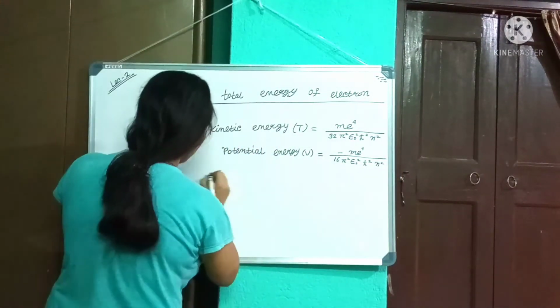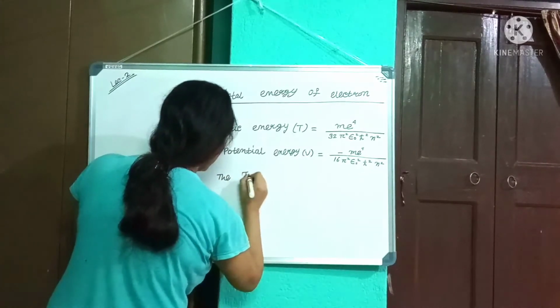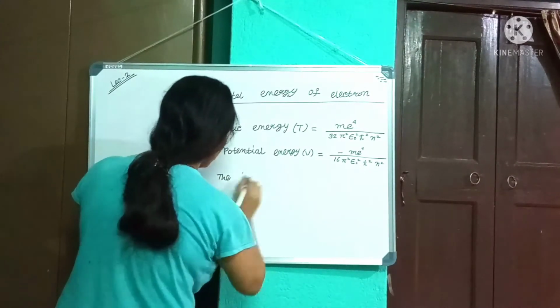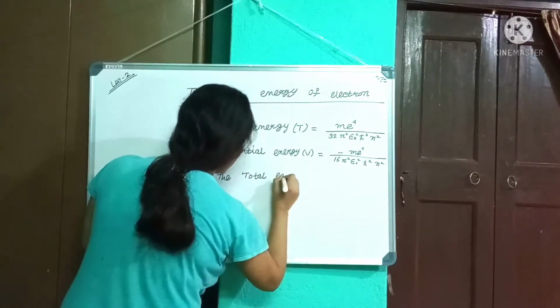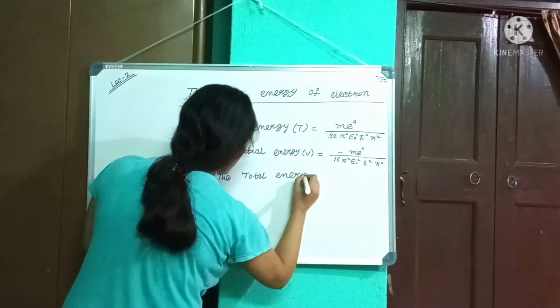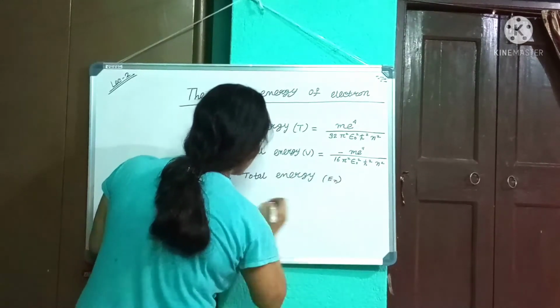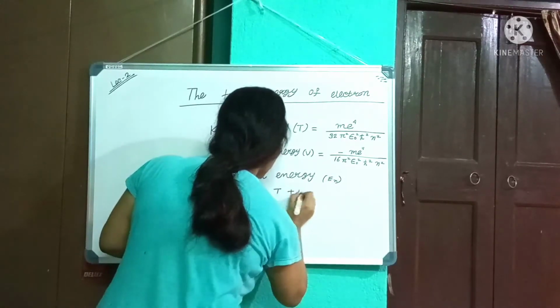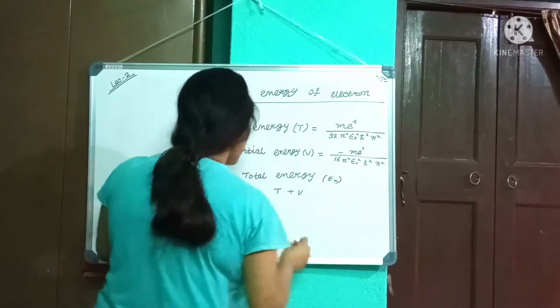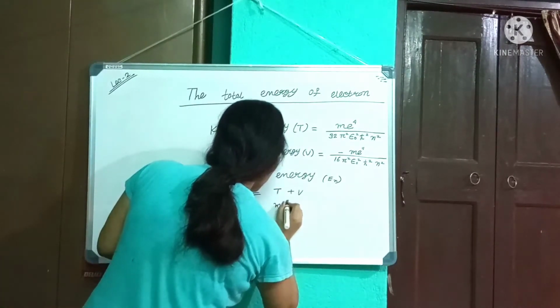Okay, now the total energy of the electron, we will represent it as En, which is T plus V, that means kinetic energy plus potential energy.